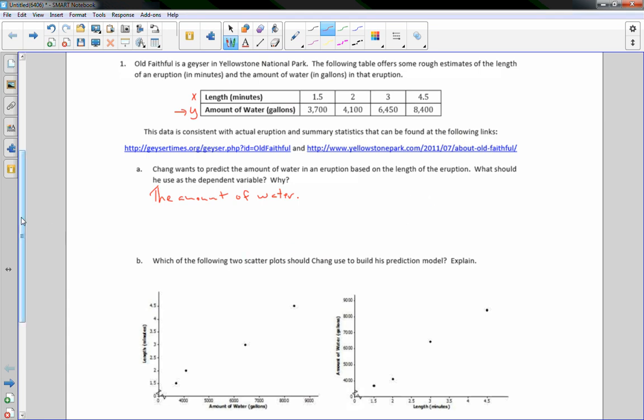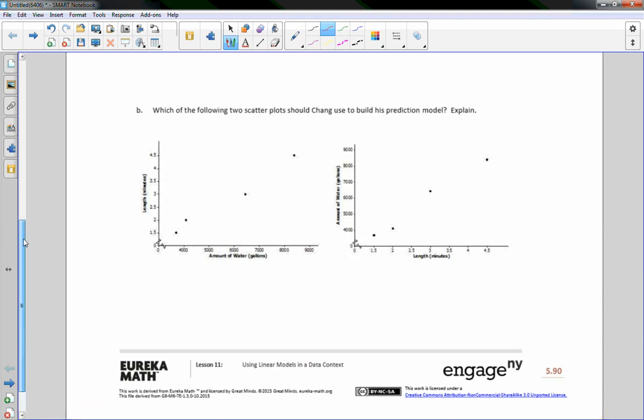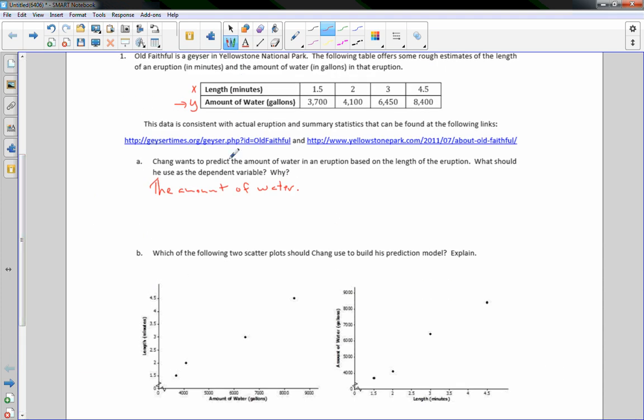All right, B. Which of the following two scatter plots should Chang use to build his prediction model? Okay, well, let me bring this back up here. So if y is my dependent variable, y is the amount of water, my y axes are here. So if I look at this, this is length, this is amount of water.